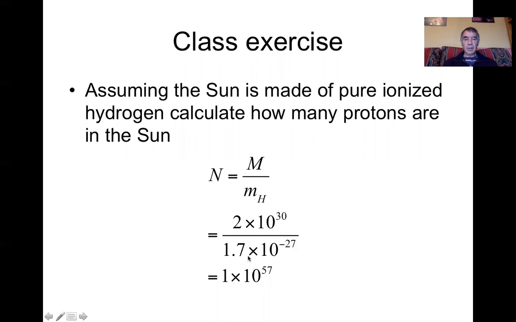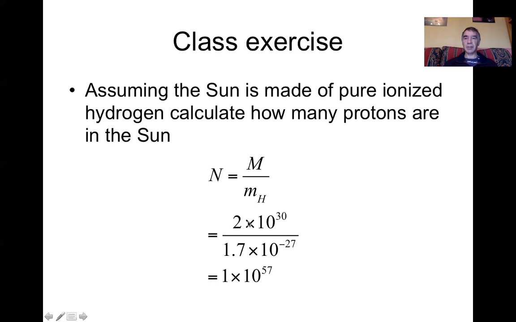Just a point here: a lot of these calculations that we're doing in astrophysics, 1 or 2 significant figures is usually plenty. Often we're just looking for an order of magnitude type of estimate. So bear that in mind when you're answering questions. Always have a look at the accuracy of the information that is given to you.